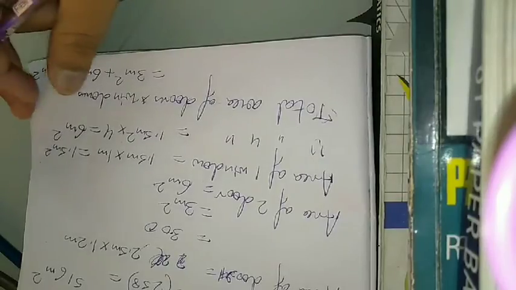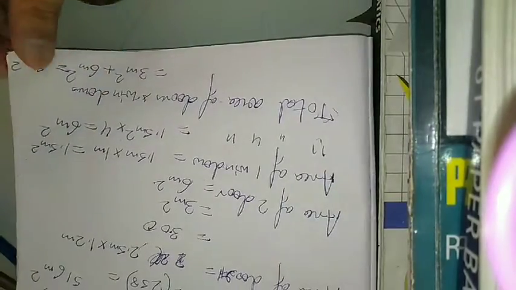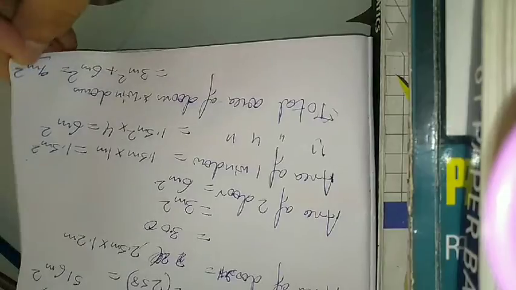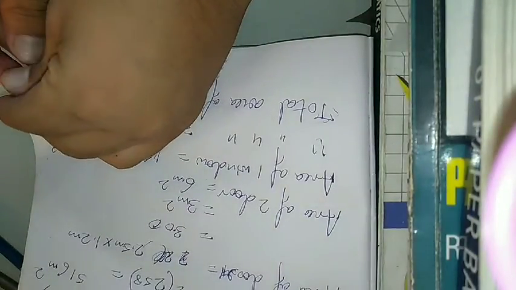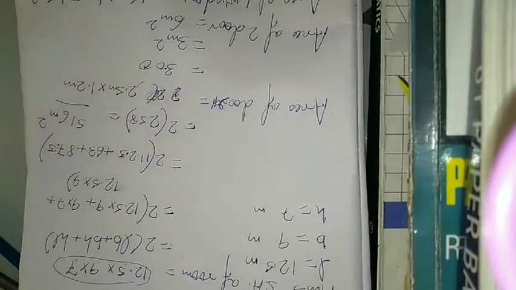Okay, 9 meter square is the area that has to be excluded. So once you exclude it, what happens? What was your total area? Total area was 516. From there, 9 you need to remove.